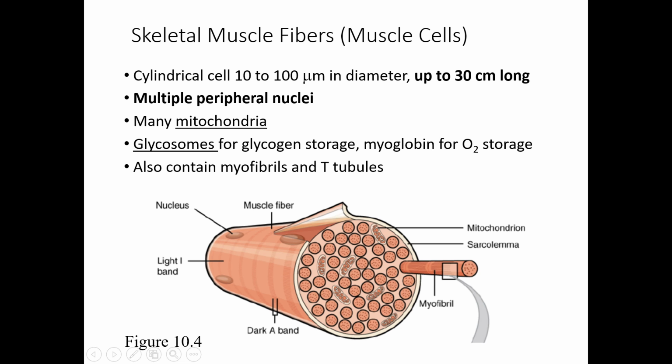That's for oxygen storage because oxygen is also necessary for fuel production to make ATP molecules. Mitochondria make ATP molecules, energy molecules, out of glucose and oxygen. Also there will be myofibrils, those cylindrical structures, and T-tubules.